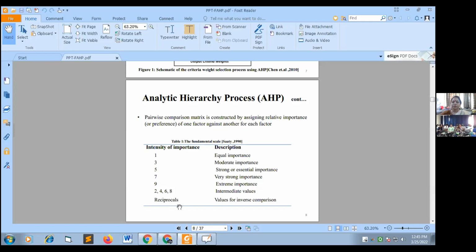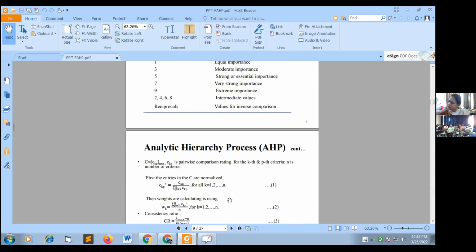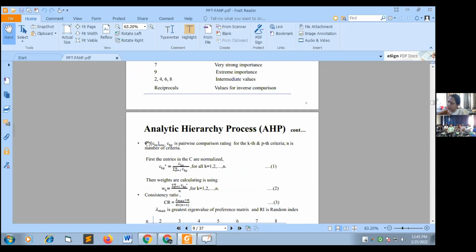For the inverse comparison, we take the inverse of these values. So we have to make this comparison matrix between the criteria. It is the pairwise comparison rating for the kth and pth criteria, with n the number of criteria. First, the entries in C are normalized.